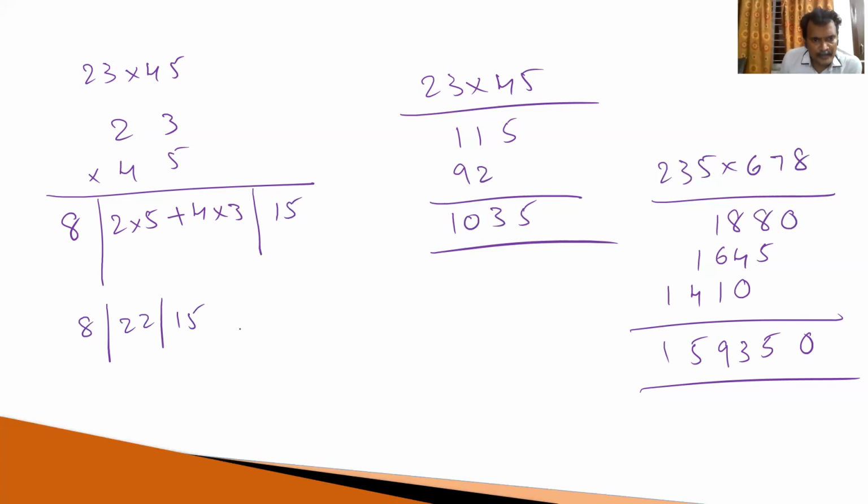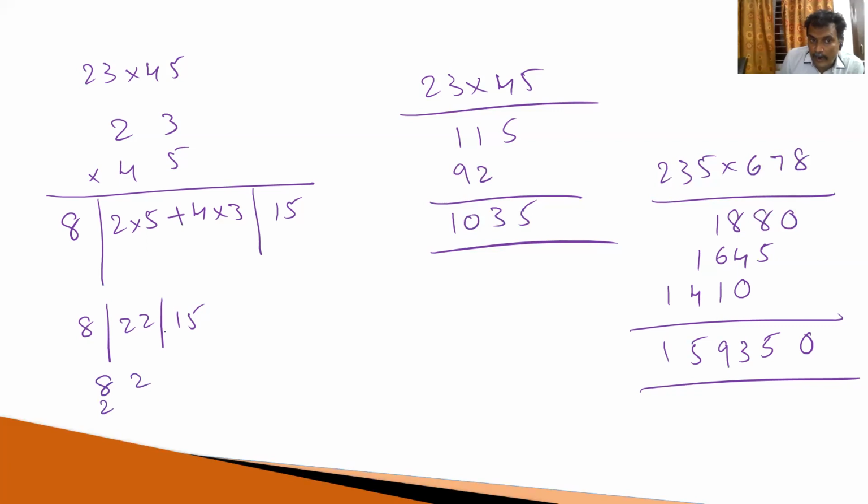Okay, so 8 is in the hundreds place and 22, that is nothing but 22 tens. What is 22 tens? That is 220. So 2 is in the hundreds place and 2 is in the tens place, just like the previous examples.